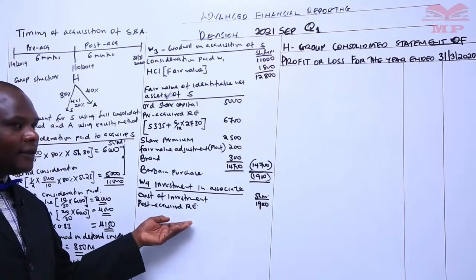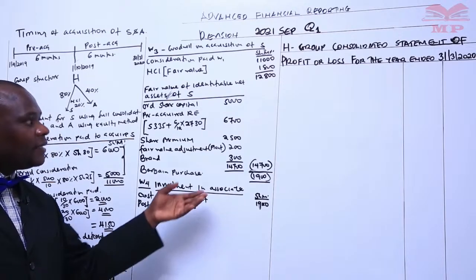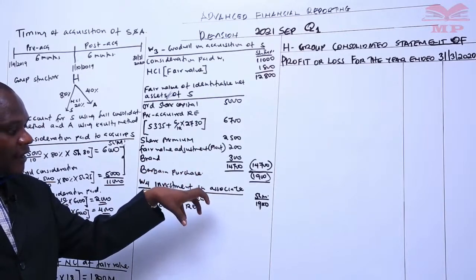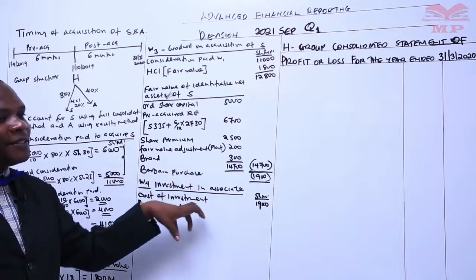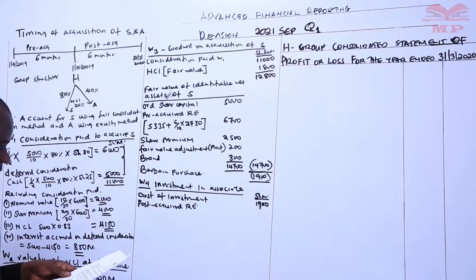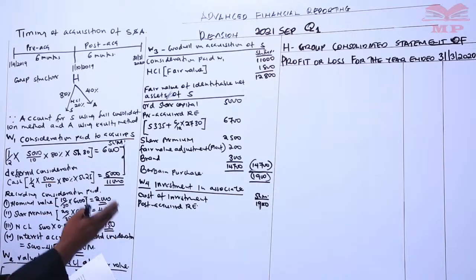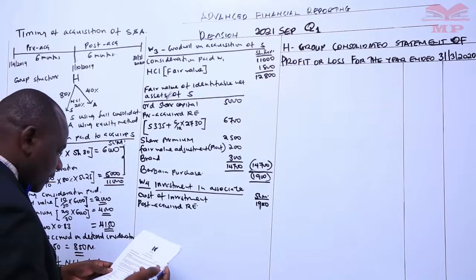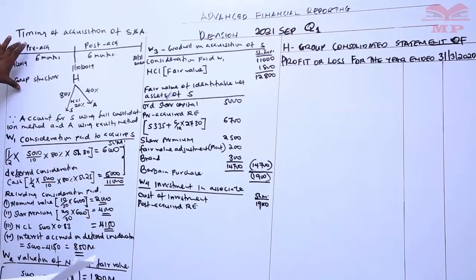Why post-acquired? Because H is interested in what it is getting in A, or its investment in A. So the post-acquired is simply the profits that H made together with A. How do we get that? The timing of acquisition is also going to guide you here.